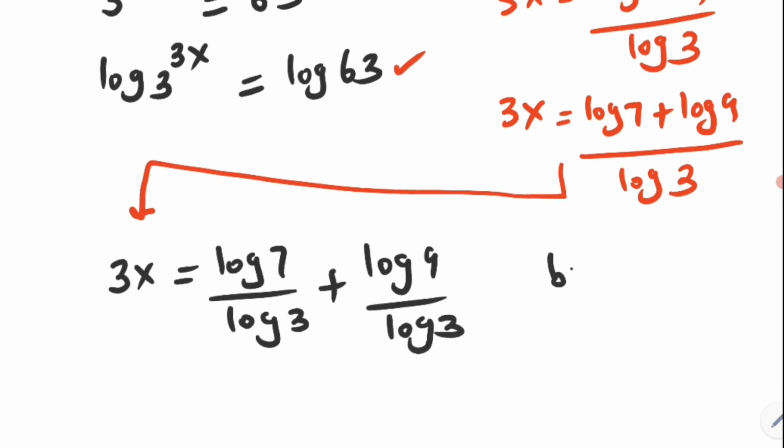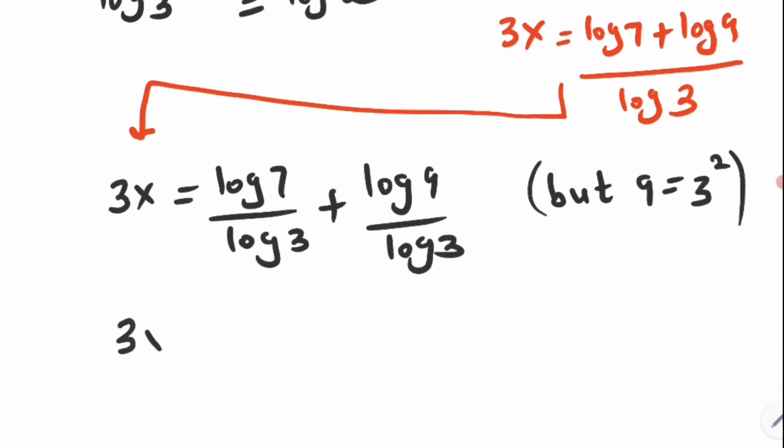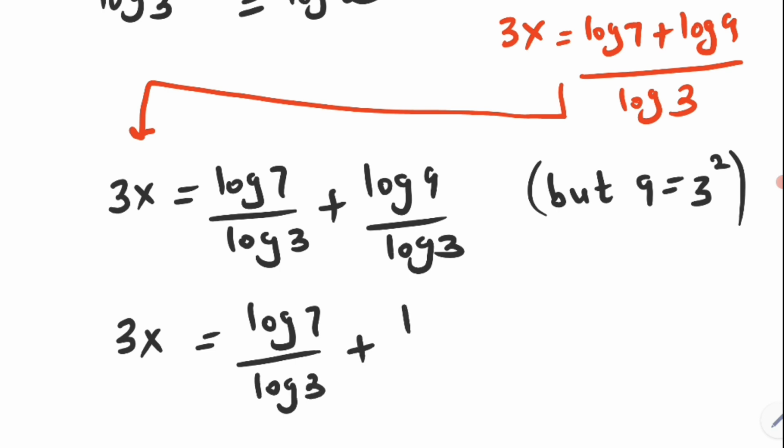But 9 is equal to 3 squared. Then we have 3x is equal to log 7 over log 3 plus log 3 squared over log 3.